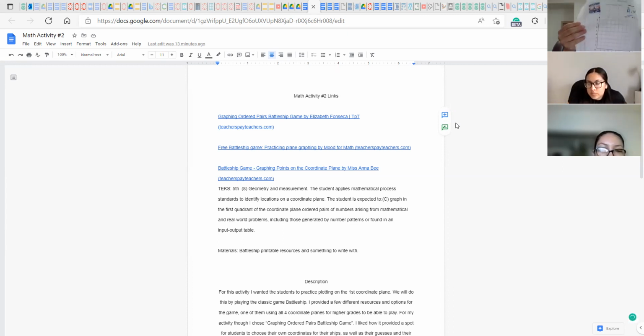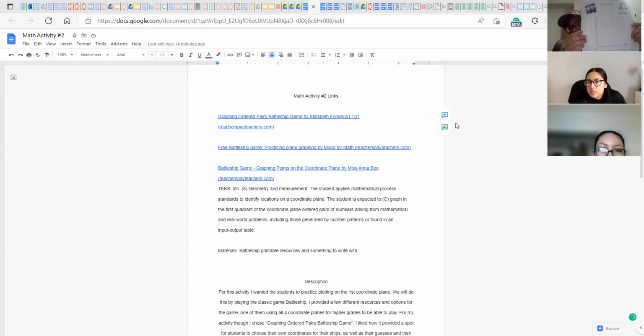Now the next one is also the first coordinate plane that you can split into 2, so that one would be good as well. But I like this one because it gives an example of a plotted point, and if you see the airplanes, it shows the directions of each axis on that point.